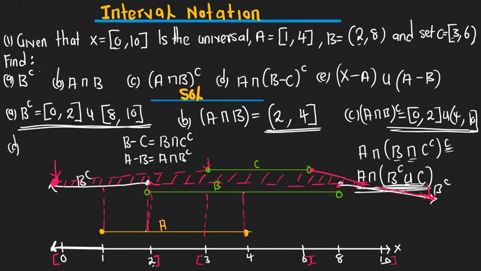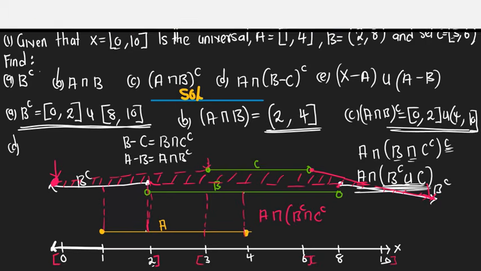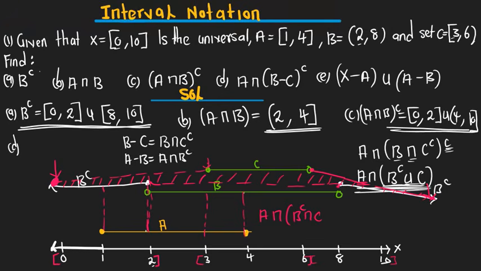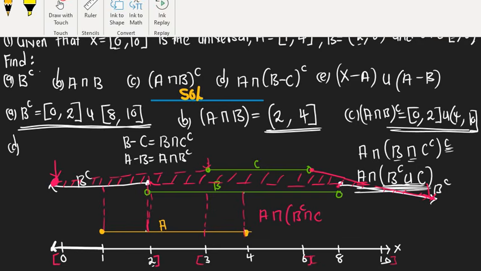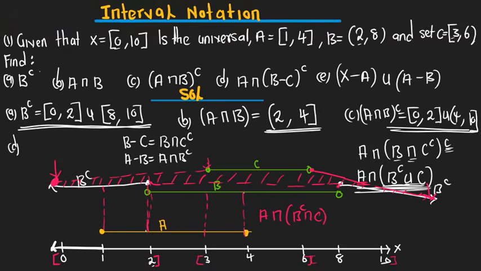So basically your answer is going to be A intersection, open bracket, B complement union C. It is going to be a set which comes from the point where we started, where they intersect with A. So 1, comma.